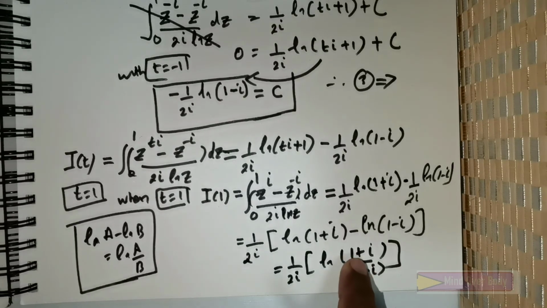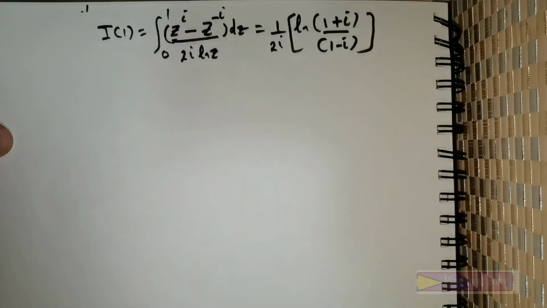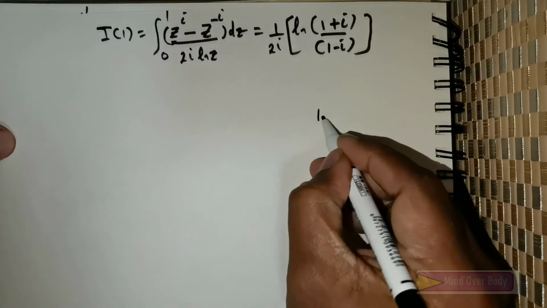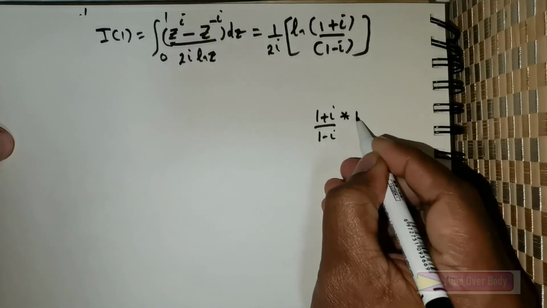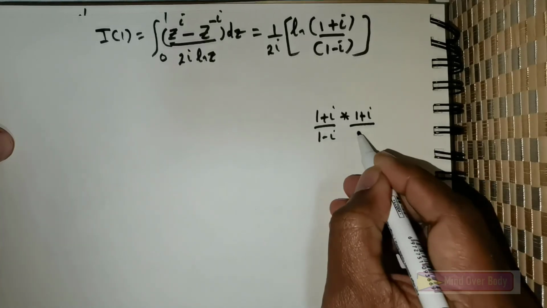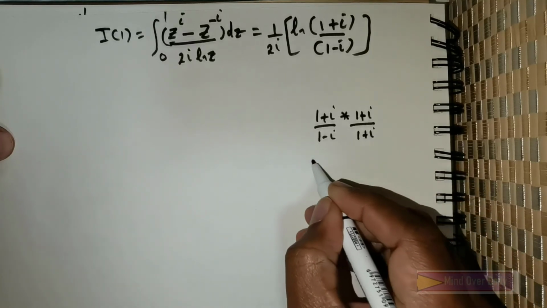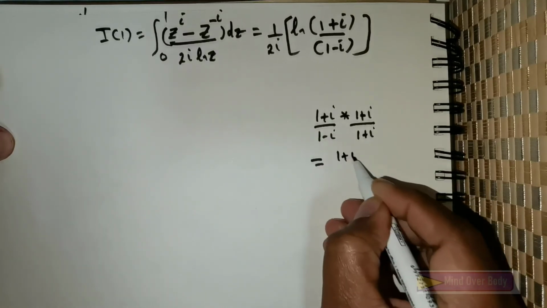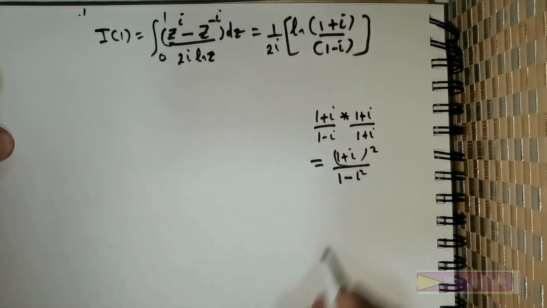Now I'm going to reduce this quantity by using complex multiplication. Consider (1 + i) divided by (1 minus i). You multiply by (1 + i) and divide by the same (1 + i). The numerator is going to be (1 + i) raised to the power 2, and the denominator is (1 minus i) times (1 + i), which is 1 minus i squared.